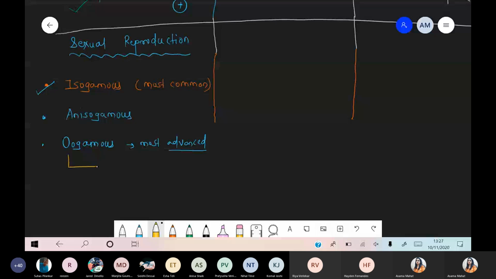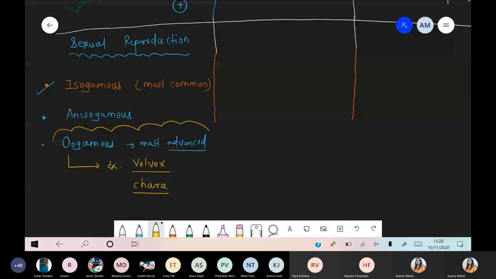Number one, Volvox, also called the rolling alga, and number two, Chara, also called the stonewort. Volvox and Chara undergo oogamous sexual reproduction because it is the most advanced method. Chara is called stonewort because its body is made up of calcium carbonate.